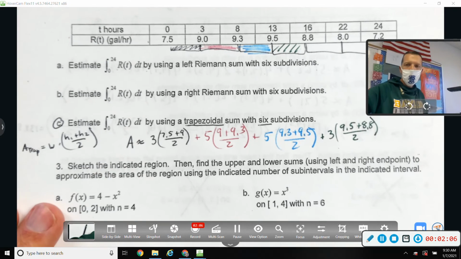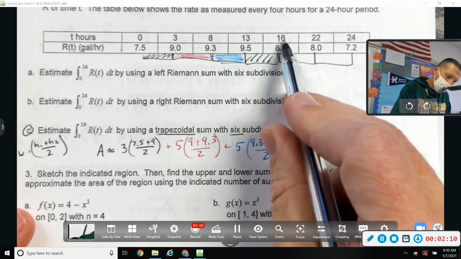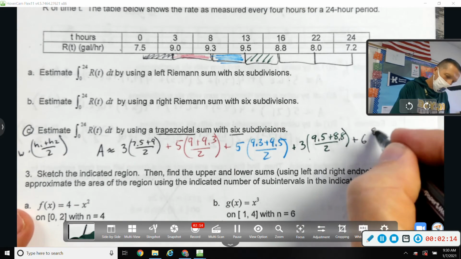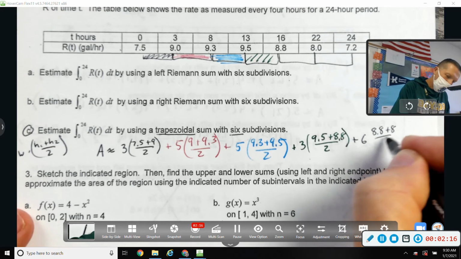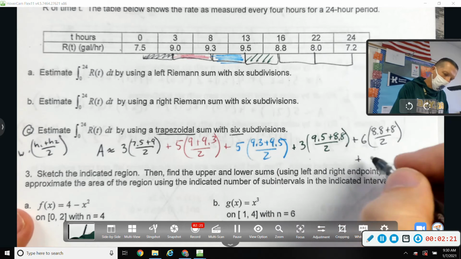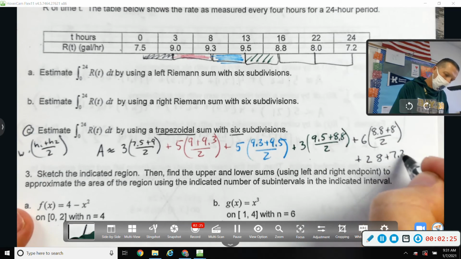And I'm out of pretty colors, so I'll just switch to black. Next one has a width of 6, 8.8 plus 8 over 2. And then the last one has a width of 2, average height 8 plus 7.2 over 2.